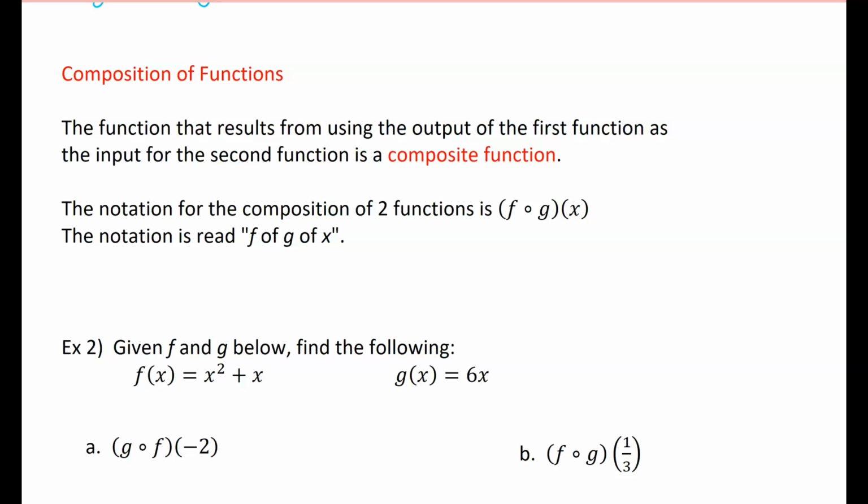So the notation for this is going to be this open circle here. When you see an open circle between two letters of a function, you want to recognize it as being a composite function, not a multiplication, but a composition. So this one would be read as f of g of x.